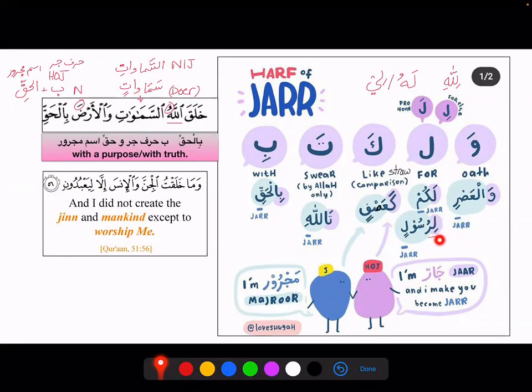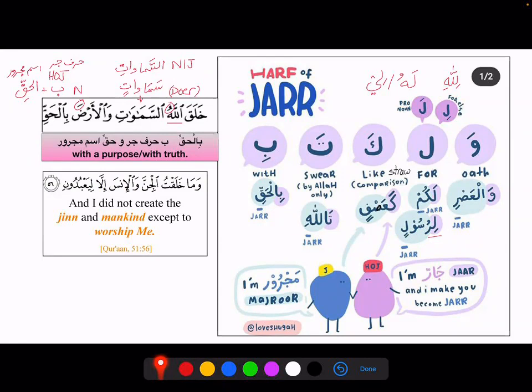But one thing we need to remember, that the same harfu jar, when it wants to attach with the attached pronoun, is not going to take the e sound, rather it is going to take fatha. So it would be lahu, lahuma, lahum, right?